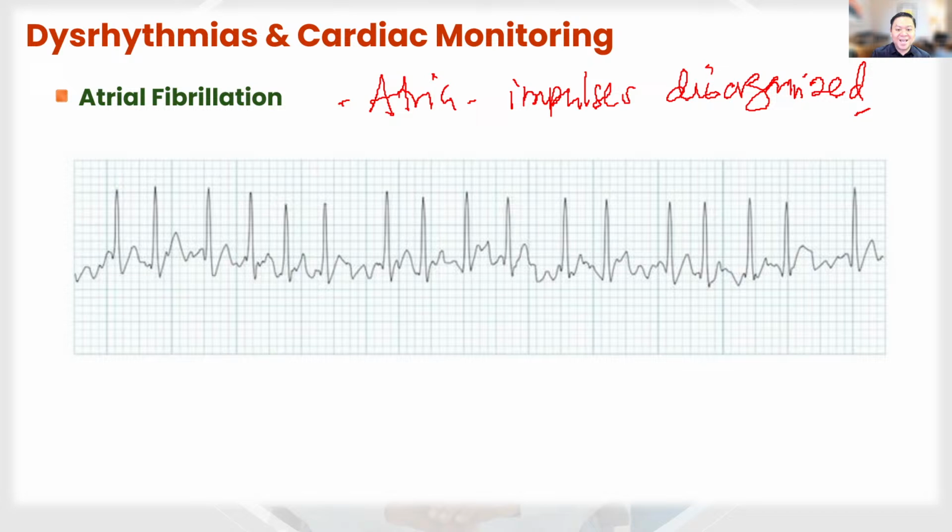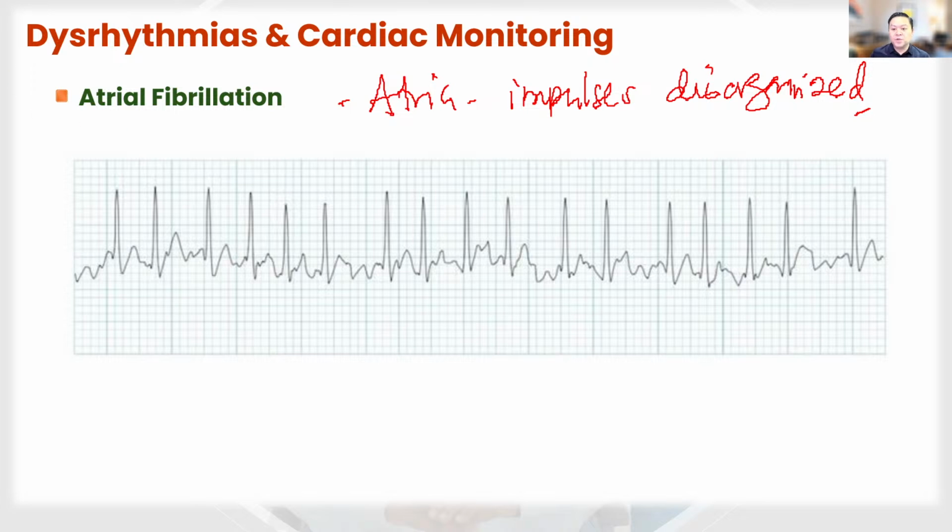So instead of the normal coordinated contraction of the atria, it will now generate rapid, very irregular electrical signals that could come from multiple locations in the atria. So it will be everywhere in the atria. It will originate just anywhere in the atrial chambers.